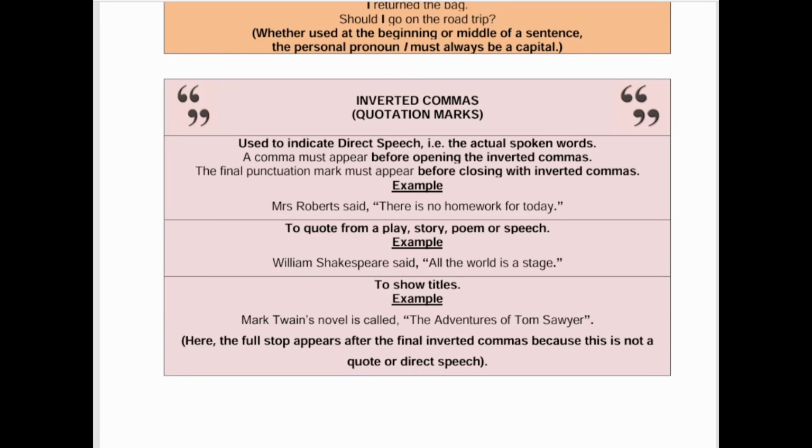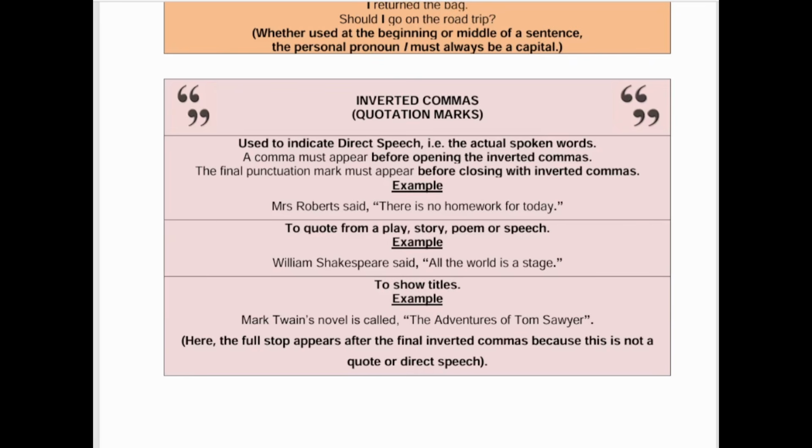The full stop appears after the final inverted commas because this is not a quote or direct speech. So you are supposed to know, when you are writing a title, the full stop should be the last one. But if you are quoting specific words, the full stop should be inside the inverted commas. I don't know if you have understood me, so I'm going to repeat again.